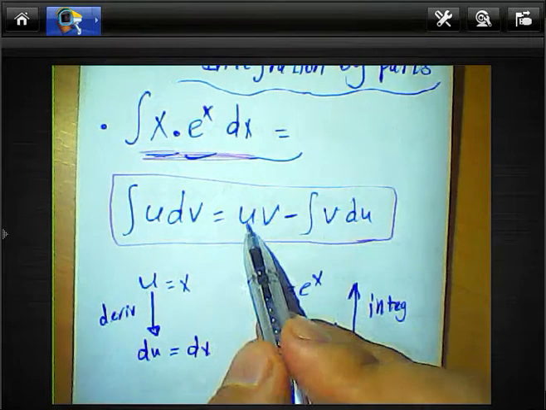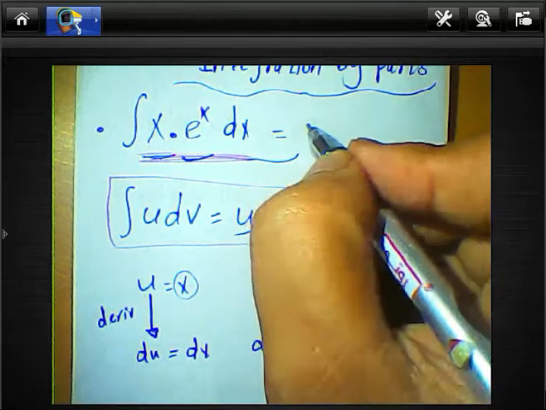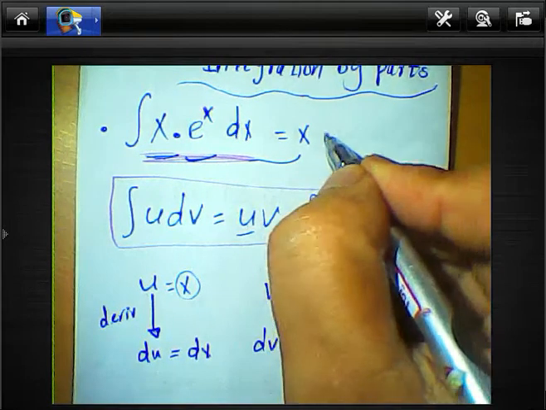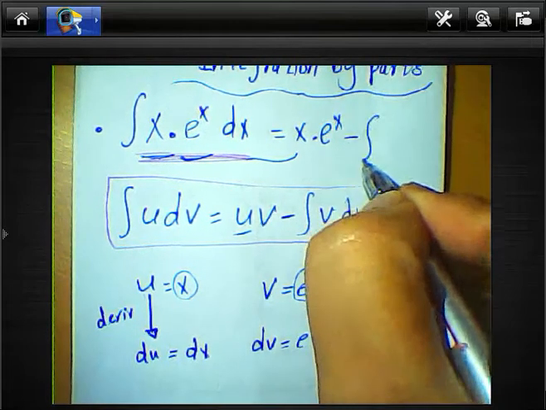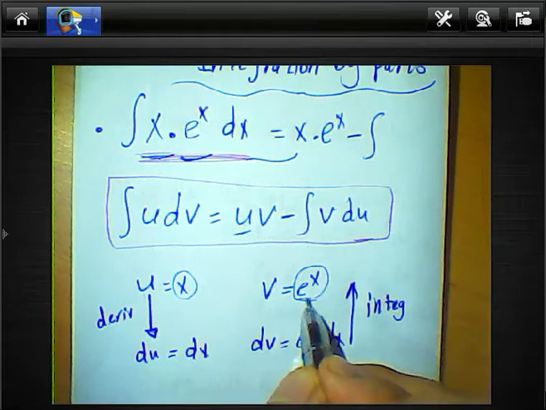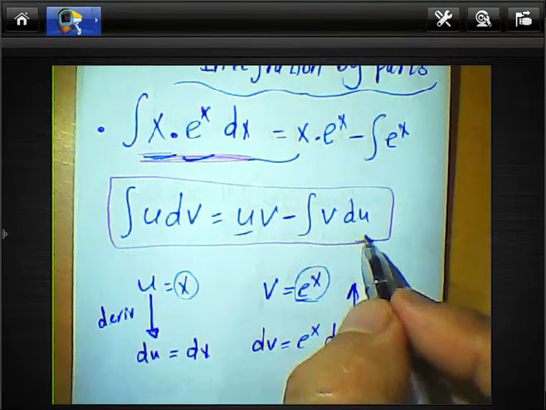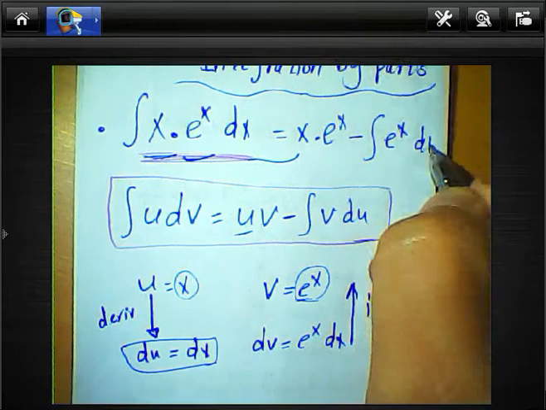Look, u was x, so we can write x, okay? Let u equal x and v equal e^x, we can write e^x here. Subtract the integration of v, which is e^x, and du equals dx, right here, dx.